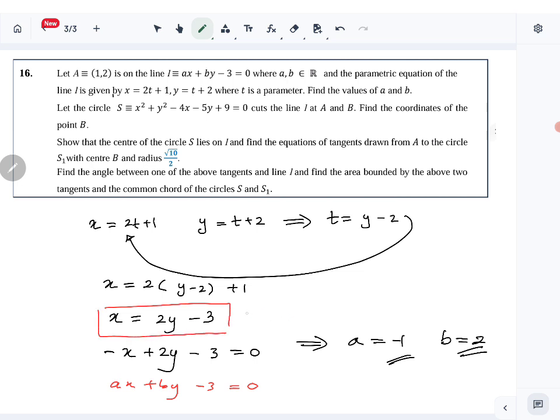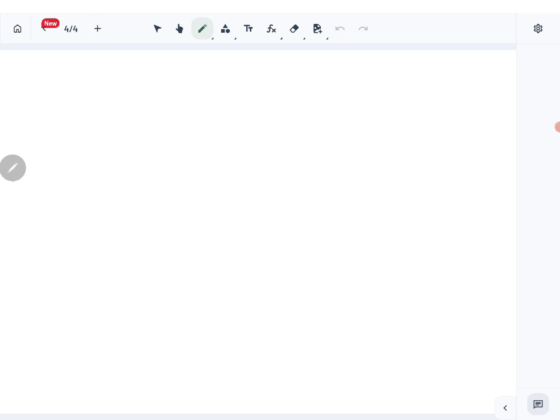Say star. Because the circle and the line intersect, we have to solve them simultaneously. Sub x equals 2y minus 3 into S equals 0, the circle. So you will get what?